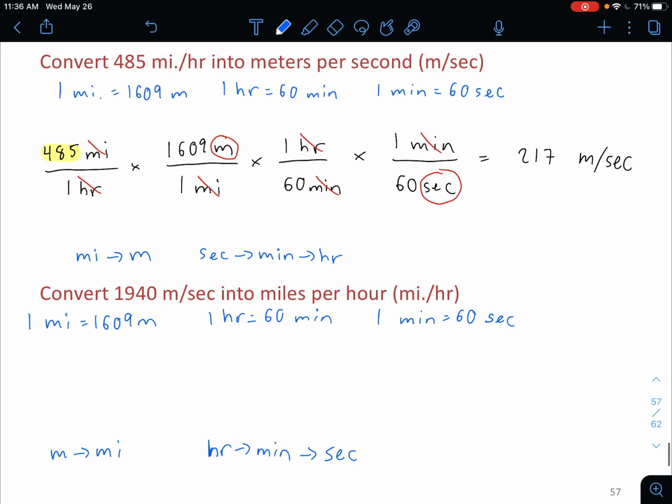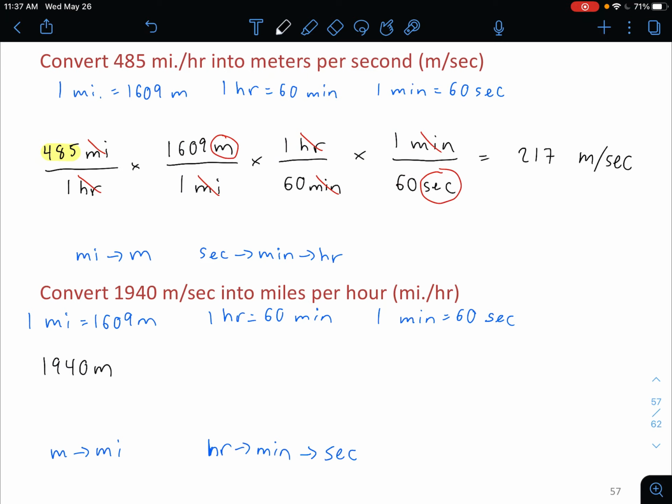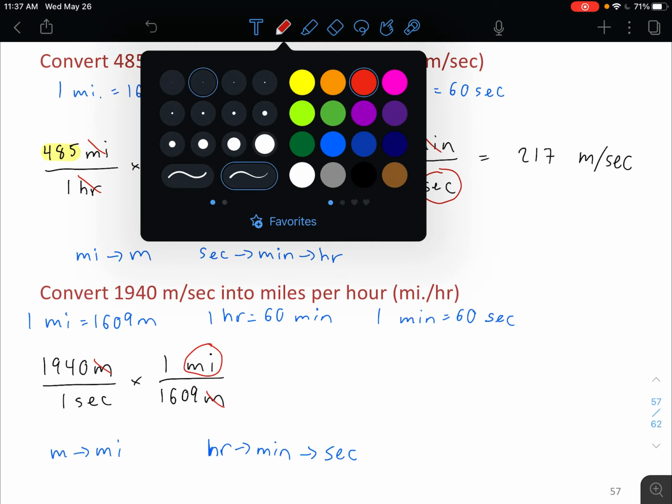I forgot to do it up there, but usually I use this flowchart so I can check things off as I'm going along. Okay, so what have we got to start with? 1940 meters per 1 second. So to go from meters to miles, we'll say 1 mile equals 1609 meters. We know that's right because meters cancel meters. We're in miles, which is our target unit.